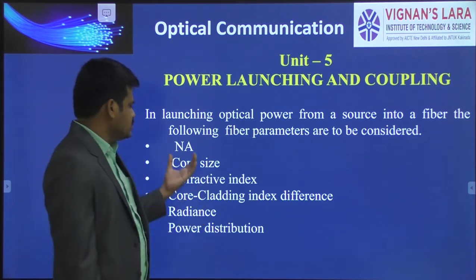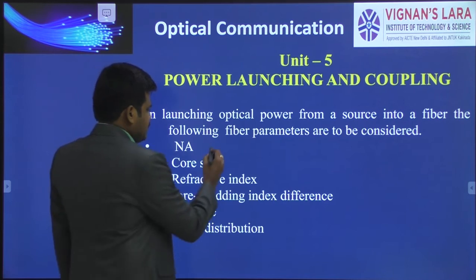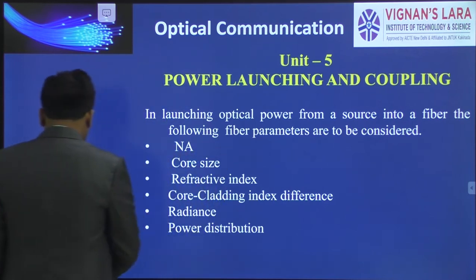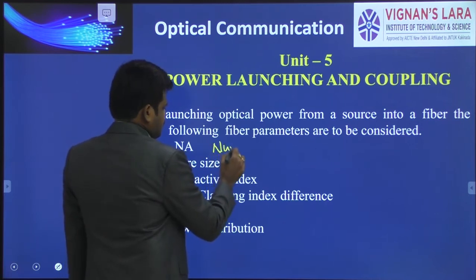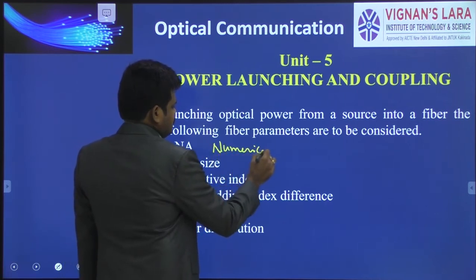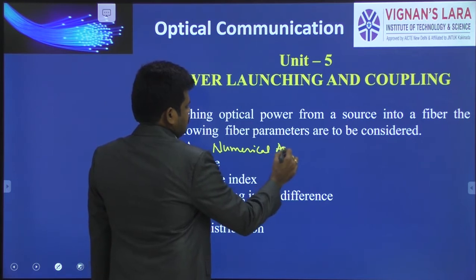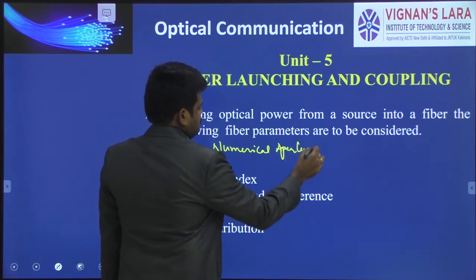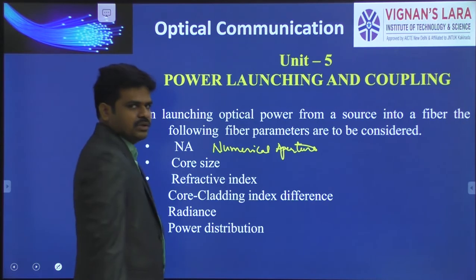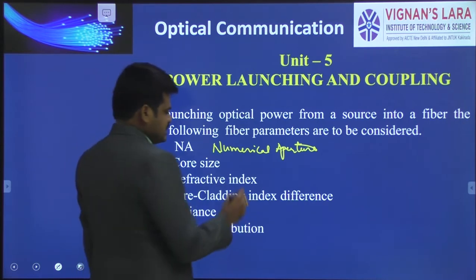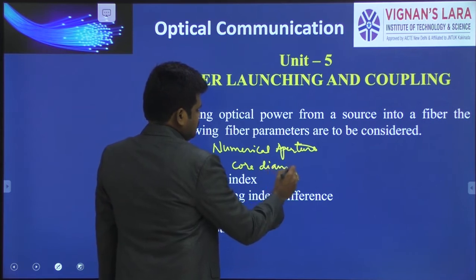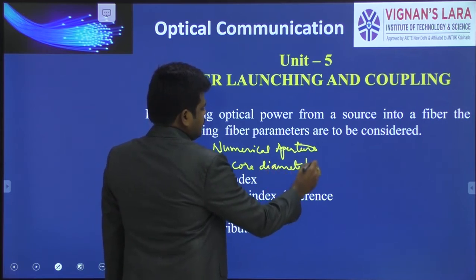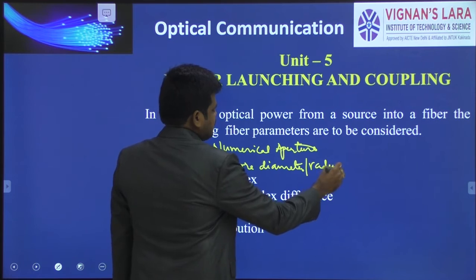The first one is numerical aperture, or NA. The second one is core size, or you can say core diameter or core radius.